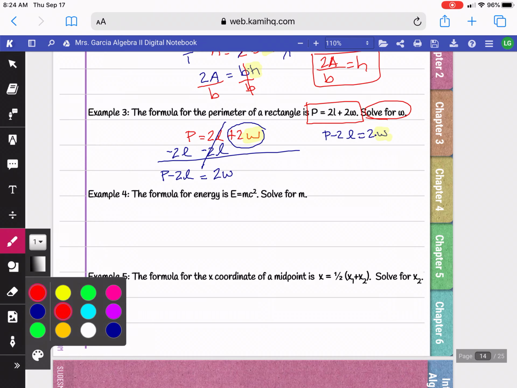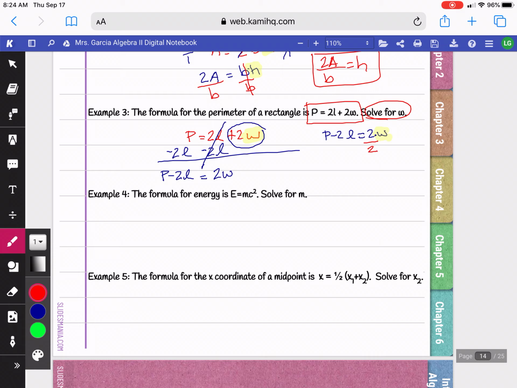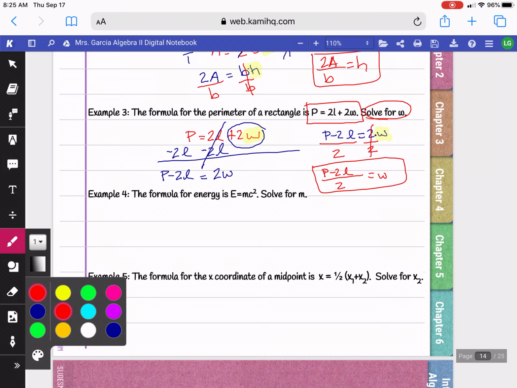The opposite of multiplying would be to divide by 2. And that'll get w by itself. Remember, what you do to one side, you do to the other. So now that w is by itself, it would equal P minus 2l divided by 2. So they would take the perimeter and subtract 2 times the length and then divide by 2 to get their width.